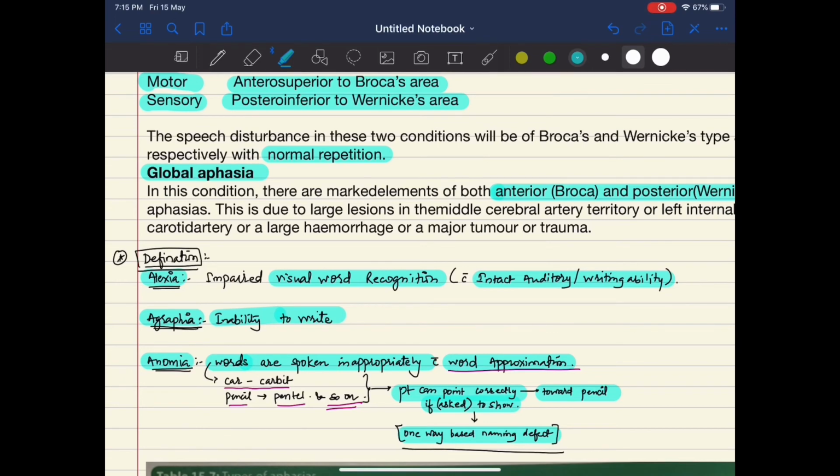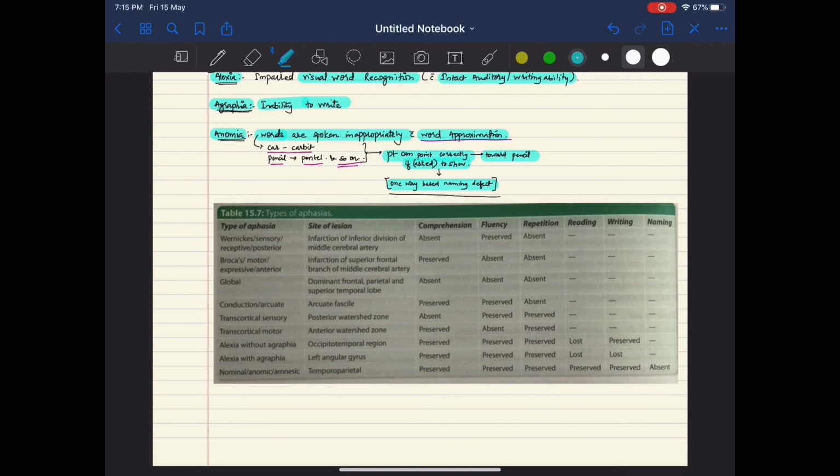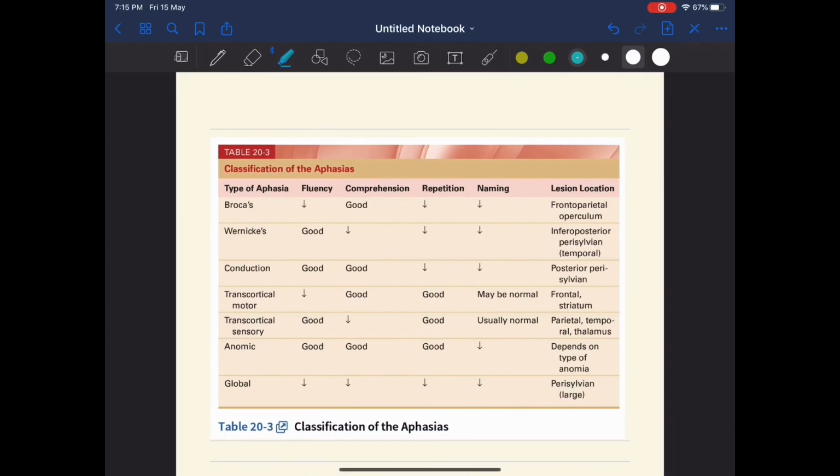So these are the basic things which have to be remembered by everyone. We'll discuss this later. This is one of the important tables. See, Broca's, Wernicke's, conductive, transcortical motor, transcortical sensory, anomia, and global. We have already discussed this. Now we are just going to revise this fast in a tabular form.